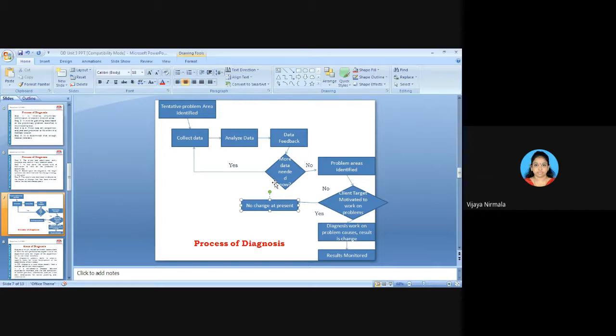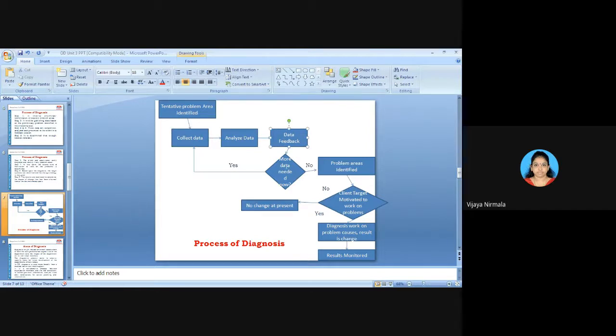Once the data has been collected in step 2, it is categorized and analyzed and presented to the client in a feedback session, right? So that is done in steps 3 and 4, in the feedback form.